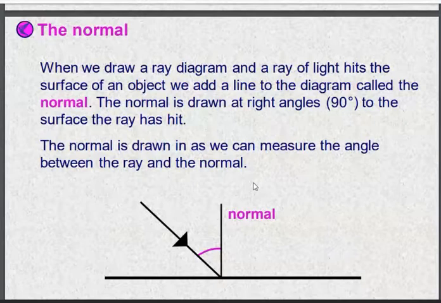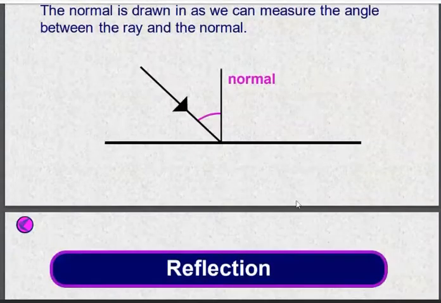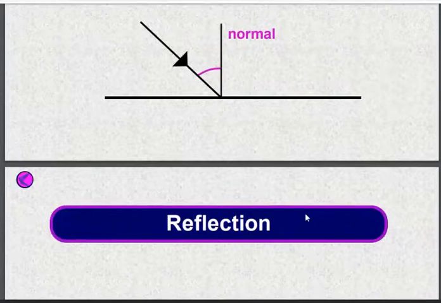The normal is a hypothetical line, not a real line. It is hypothetically drawn there. It is a reference line with respect to which the inclination of incident and reflected rays can be measured, and hence the law of reflection can be explained.